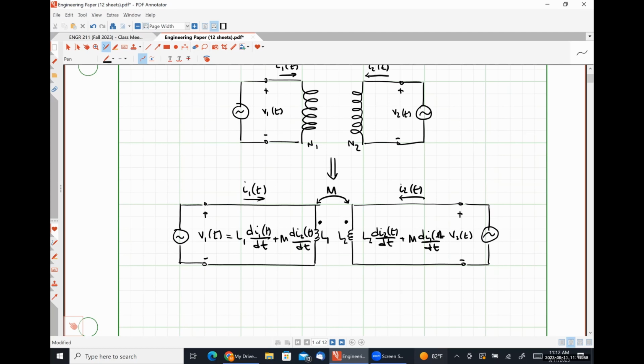So if we were to change the direction on any of these currents or change the location of the dot on either of these inductors, I am going to go through the way that I have learned to determine whether the self portion should get a positive sign or the mutual portion should get a positive sign for any coil that we're going to be looking at.